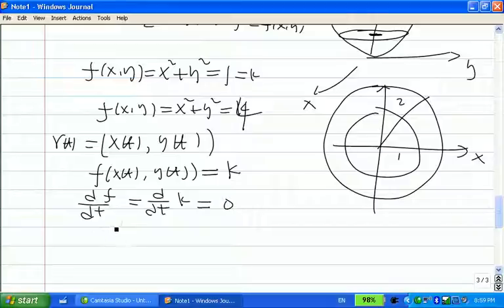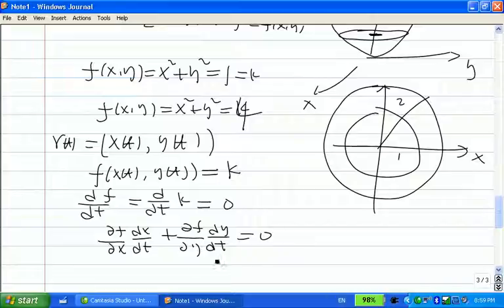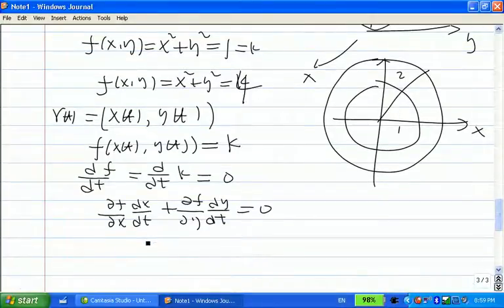The left hand side gives you, using the chain rule, partial f partial x dx/dt plus partial f partial y dy/dt. The right hand side is 0. And this can be written as gradient f, the short way to write that, dot r prime, equal to 0.